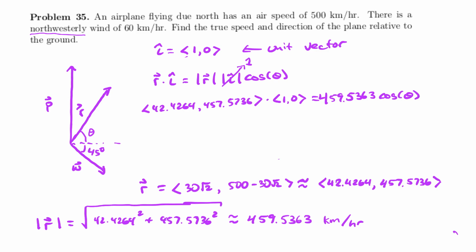Now remember, when we're doing the dot products, we are multiplying corresponding components, and we are just adding those together. But if we do 457.5736 times 0, we just get 0. When we have 42.4264 times 1, we just end up with 42.4264.